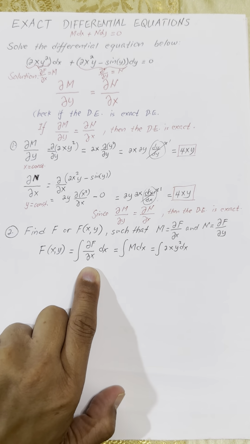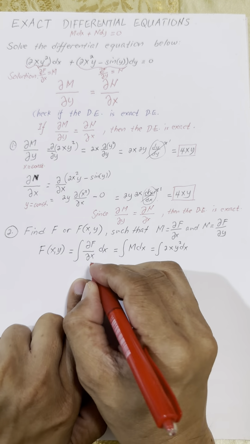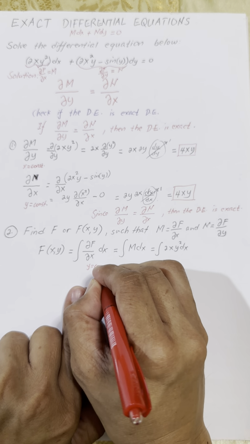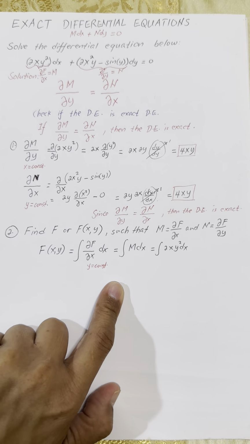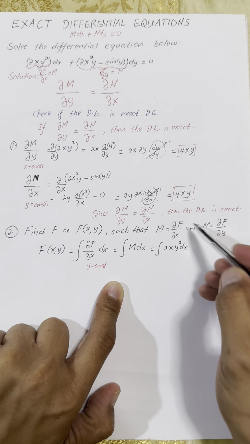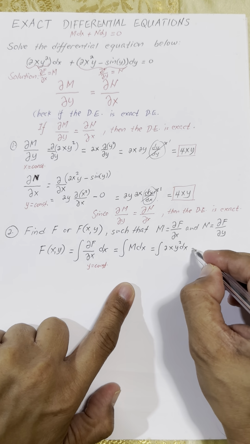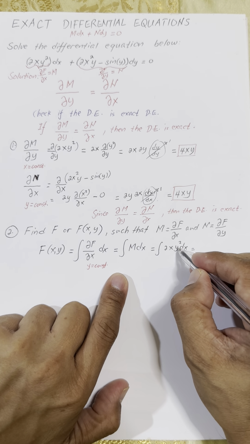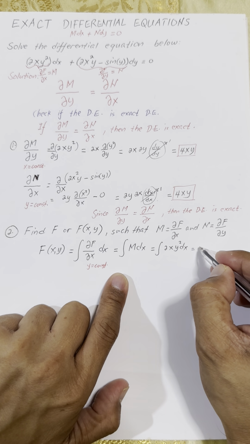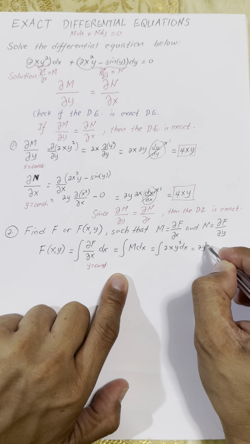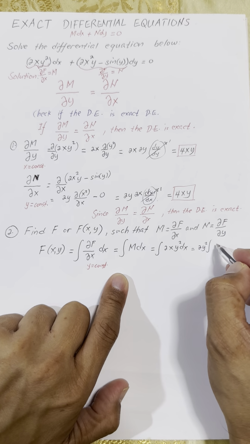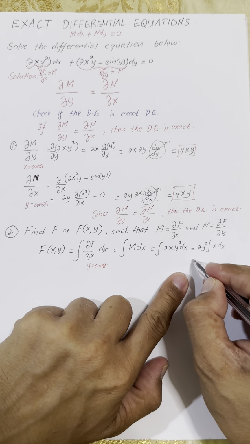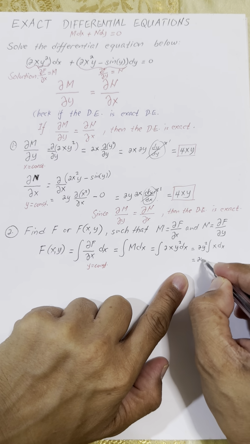So with respect to x, then y is constant. So we can put the constant, which is y squared, and 2 is also a constant. So we have 2y squared times the integral of x dx, which is equal to 2y squared.